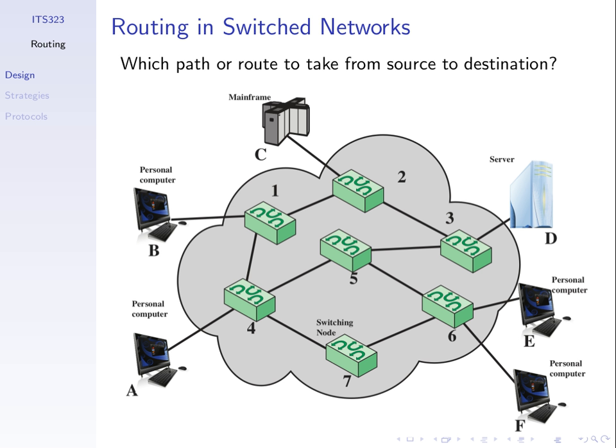Routing, the problem is simple. We have our example network, we want to get from A to F, which path do we take? Any suggestions? Which path to get from A to F?